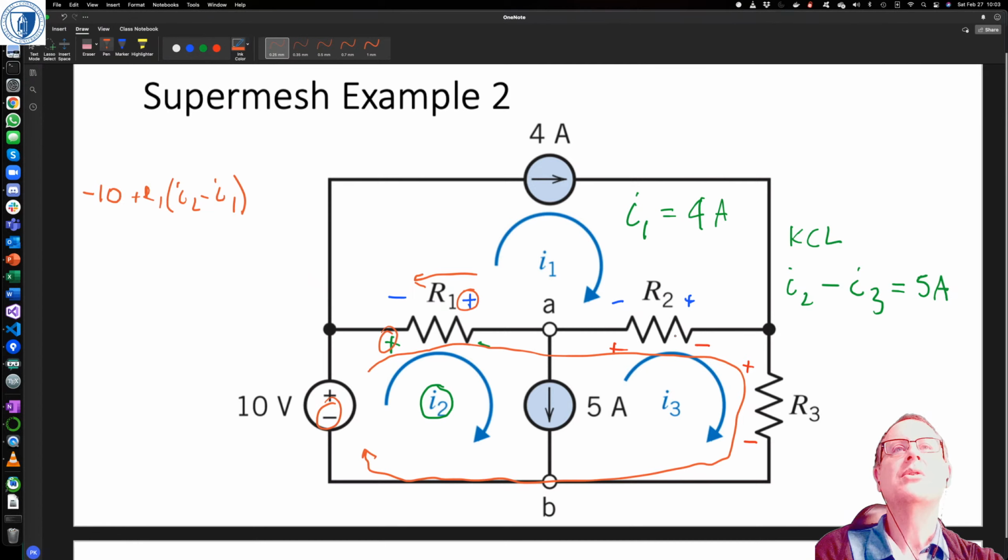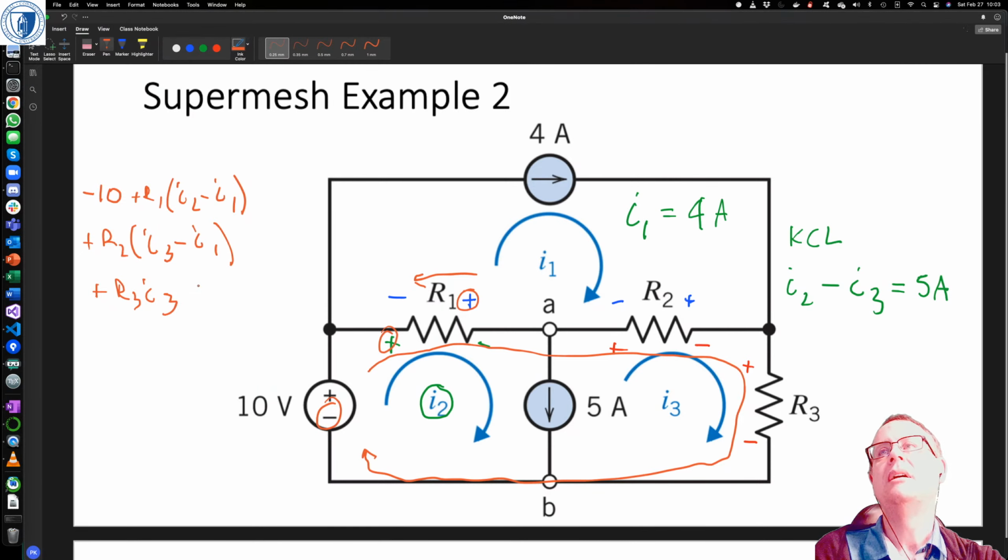So the voltage across R2 is R2 times I3 minus I1. And then the voltage across R3 is just R3 times I3. And again, that whole thing has to equal 0.